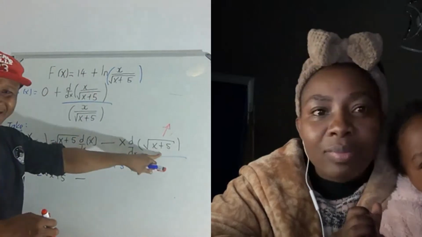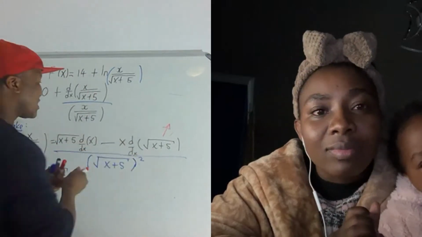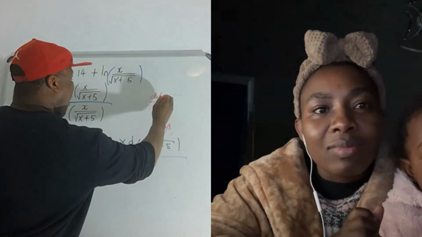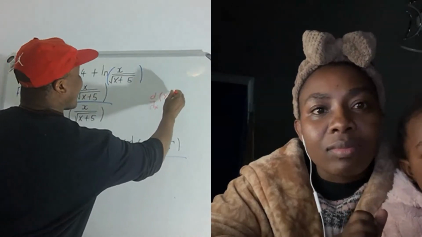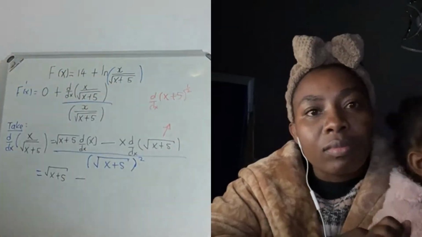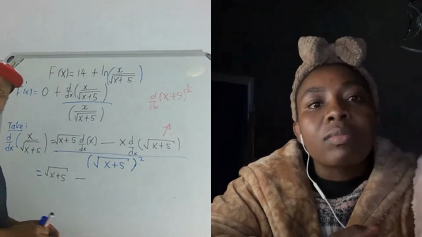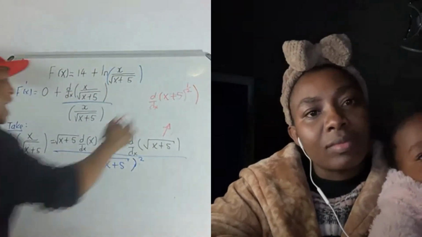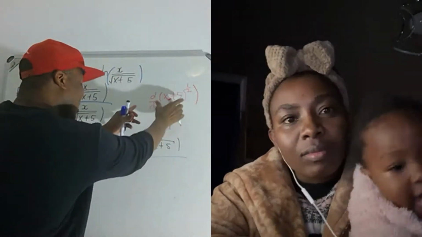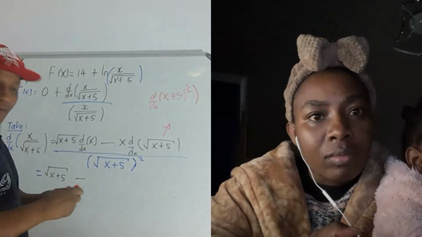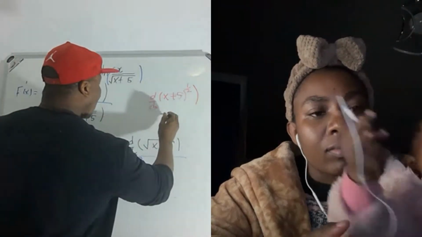This one right here, if we differentiate, we say d/dx of the square root of x plus 5. You agree with me? Because I want to differentiate that. I don't want to rewrite, so I go back. It's going to be equal.